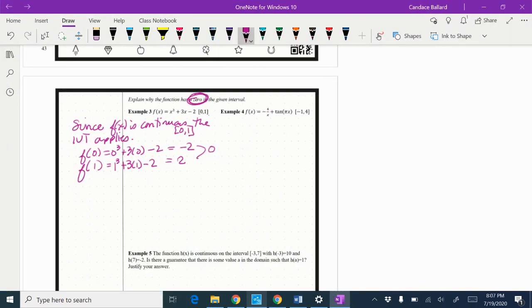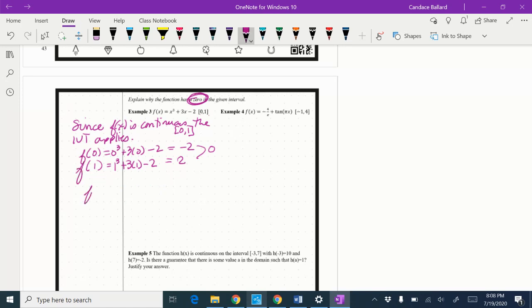So IVT guarantees. I don't like the way I'm writing that. Let me fix that up. Let's add this stuff in first.